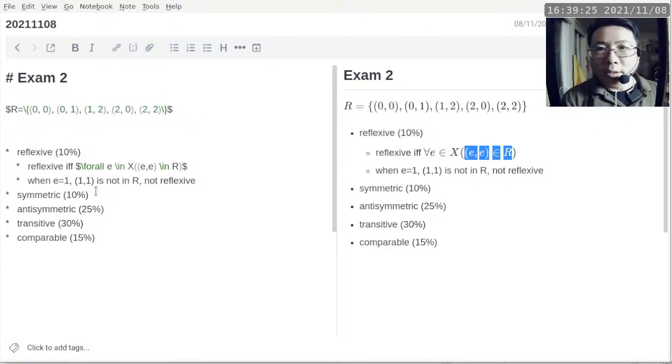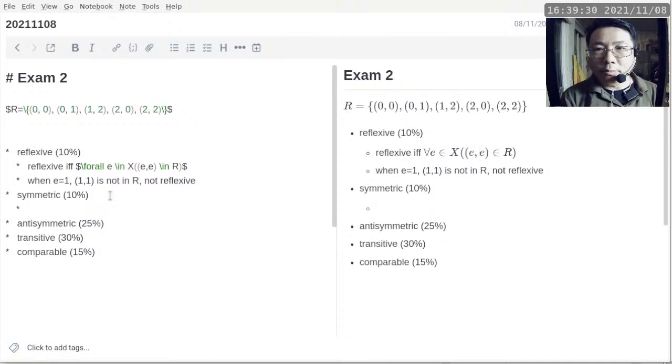All right, so let's look at symmetric. I'm just going to do this one more time, just so that you guys know what is symmetric. So symmetric if and only if. In this case, we do need two variables.